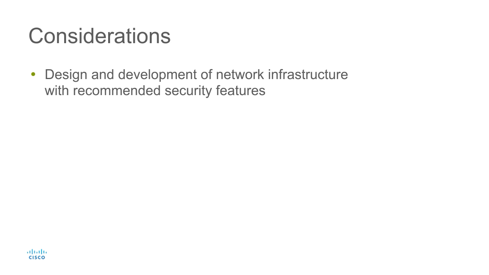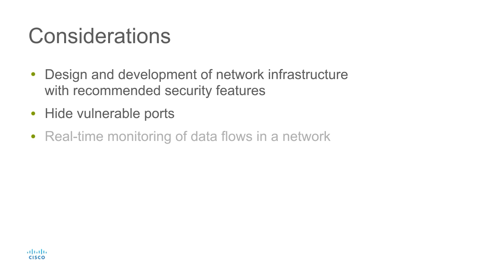We want to design and develop the network infrastructure with the recommended security features and make sure that they are used in the right way so that we have a certain wall of protection. We want to hide vulnerable ports and make sure that we are preventing users from bypassing firewalls and gaining access through those open ports, especially when those ports are for protocols that are known to be vulnerable or less secure, again, like Telnet.